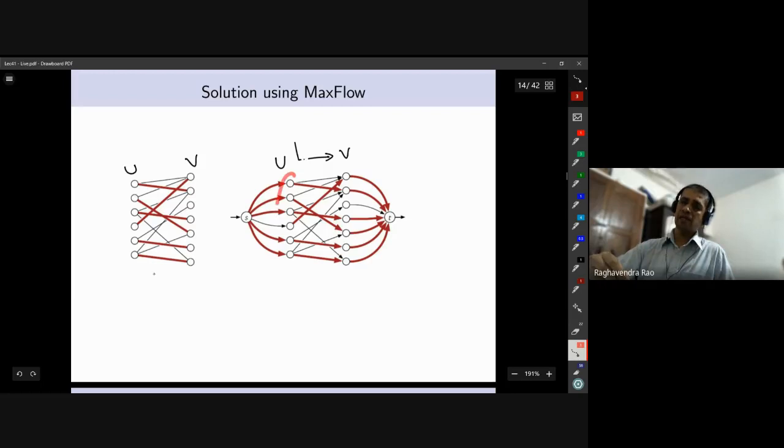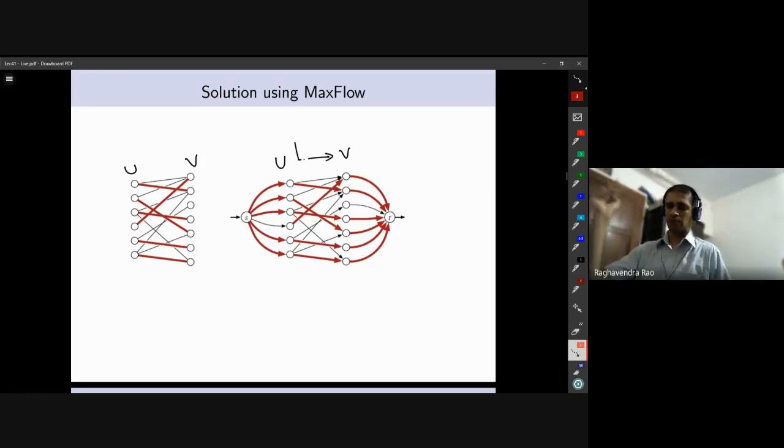For every vertex in U, we have an edge from S. For every vertex in V, we have an edge from V to T. So this is how the network will look: S to U, then U to V, the original graph but oriented from U to V, and then V to T.